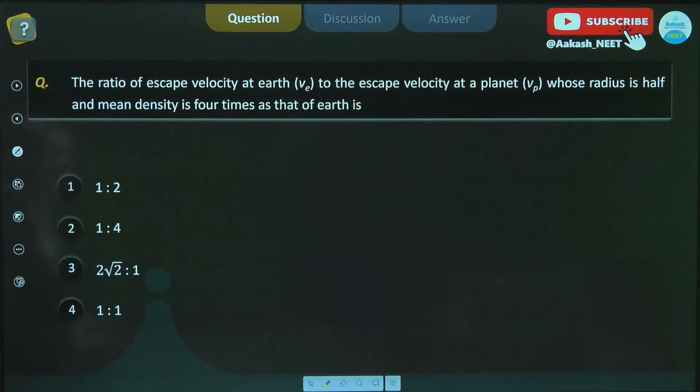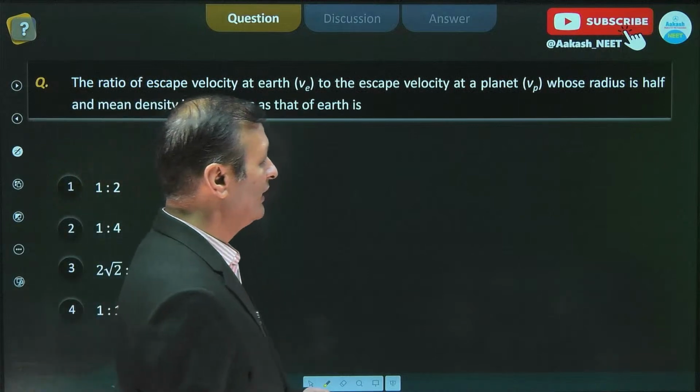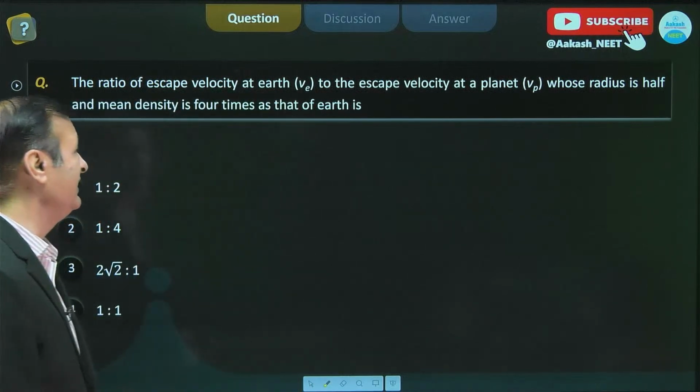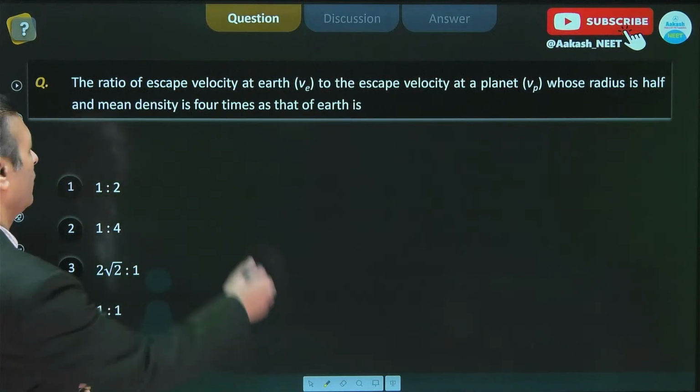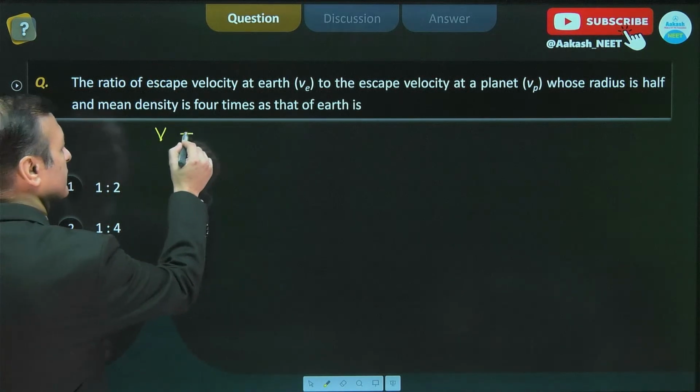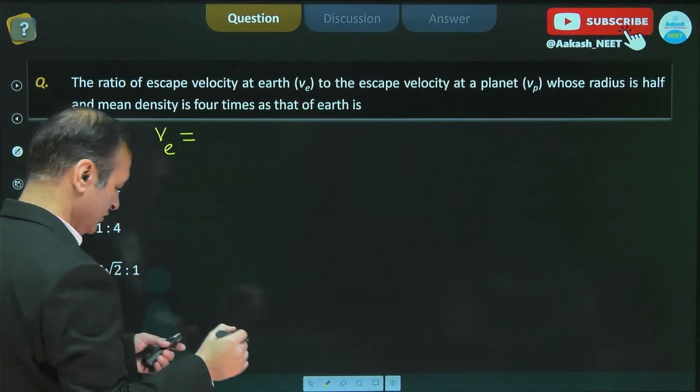So I think now let's attempt one numerical based on this. The ratio of escape velocity at Earth to the escape velocity at a planet whose radius is half and mean density is 4 times. So you are talking about escape speed, so which formula?